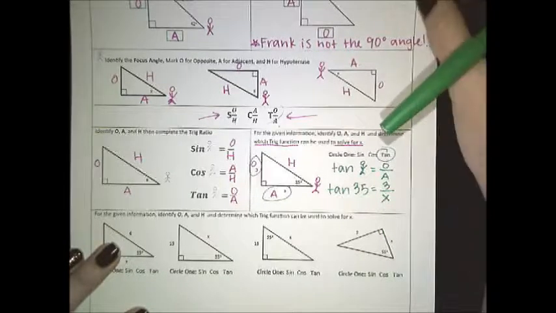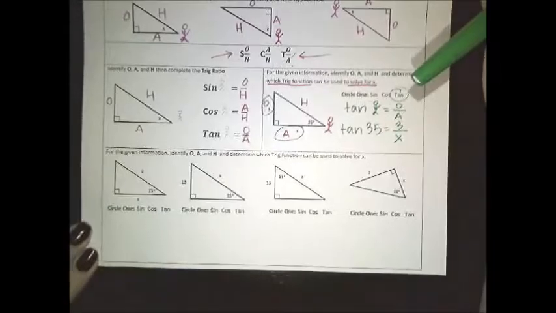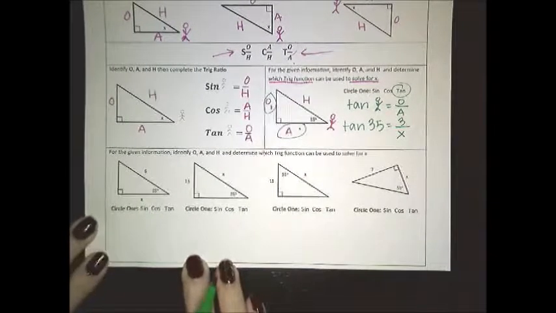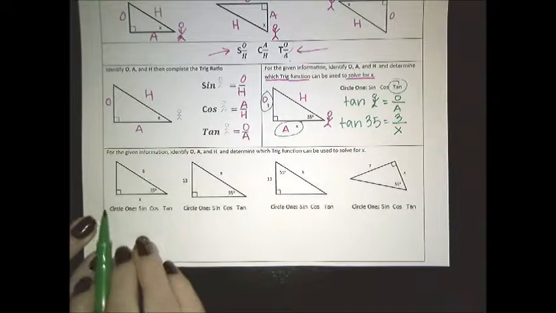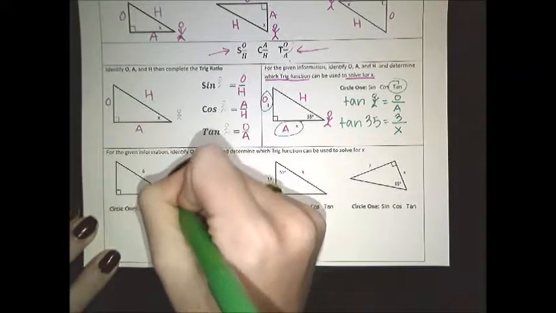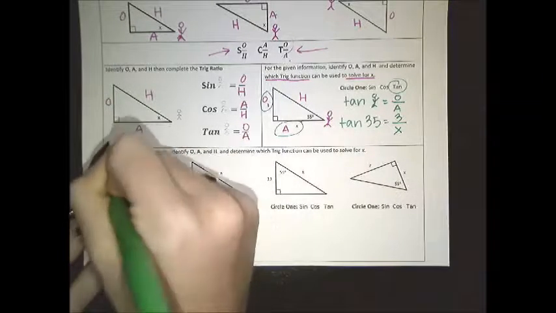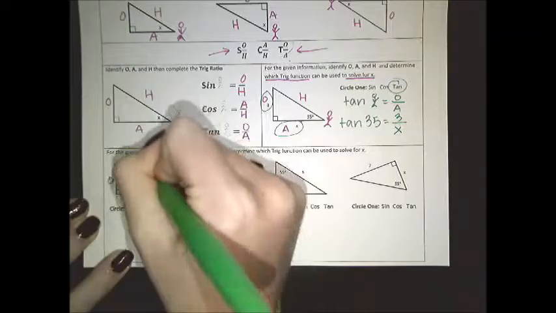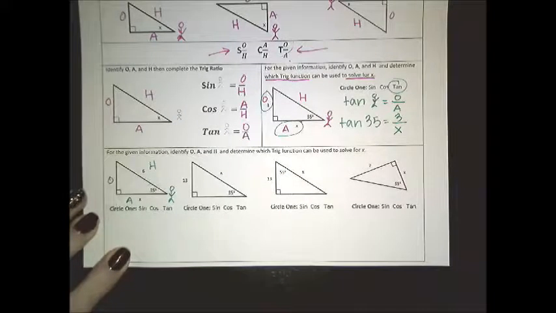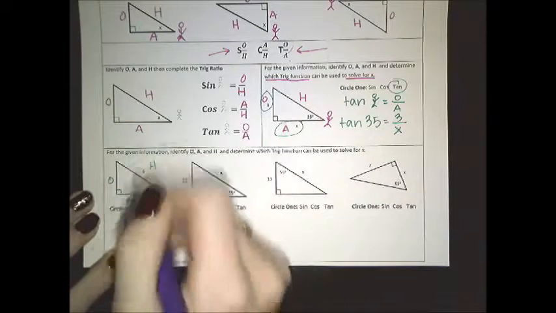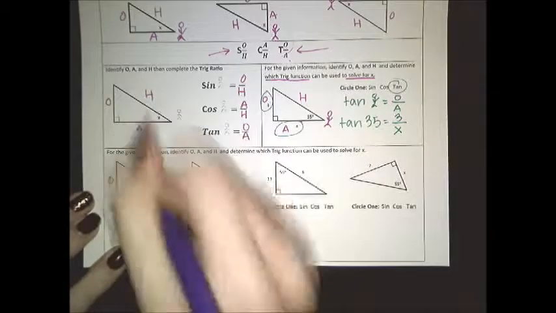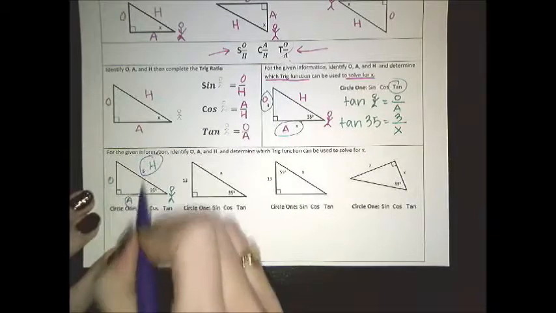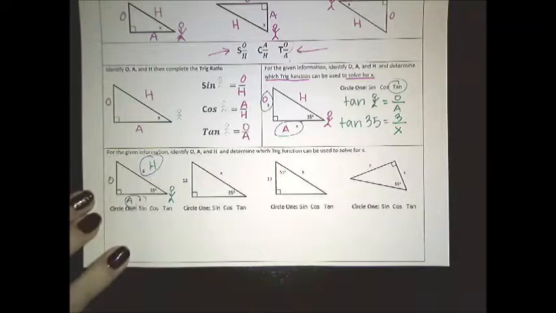In just a little bit, we're going to solve for x, but first we'll leave this as it is. All right, if we slide our paper down, we can look at a couple more examples like that here. So again, I want to draw my Focus Frank angle and identify the opposite, adjacent, and hypotenuse. I see I'm looking at the A and the H because that's where I have a number or variable given to me in the problem.